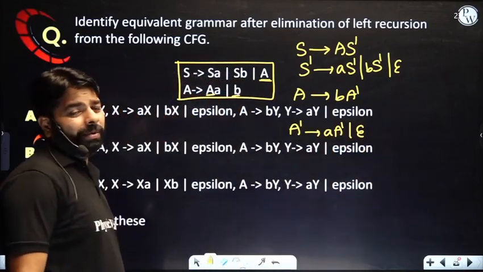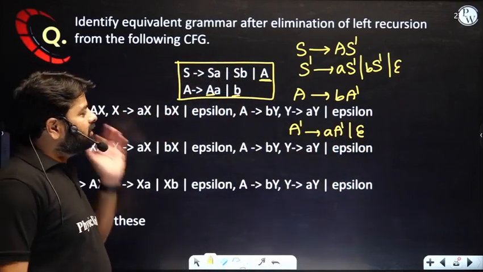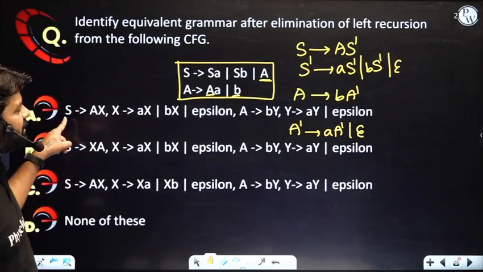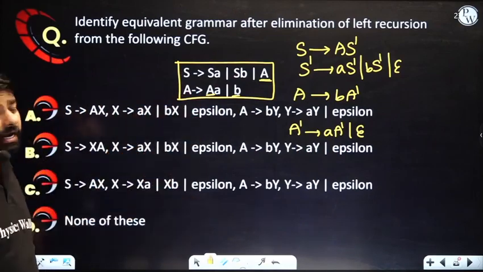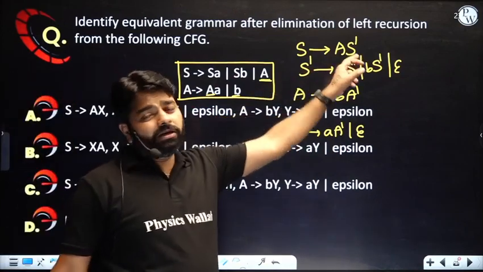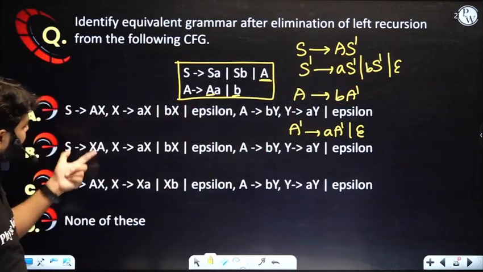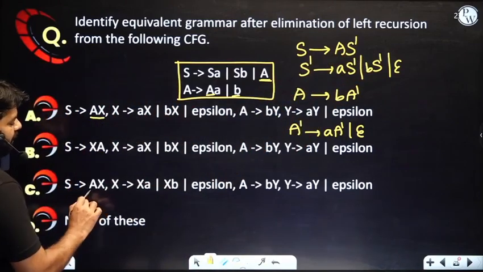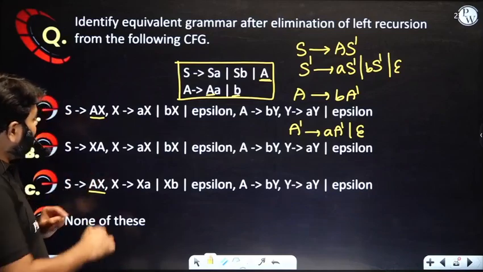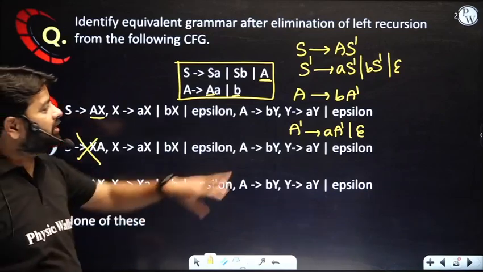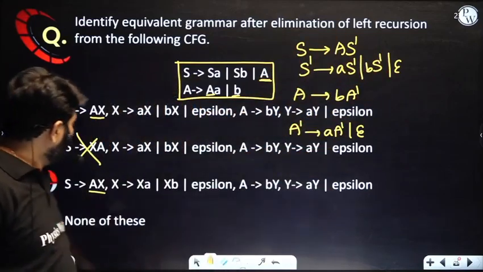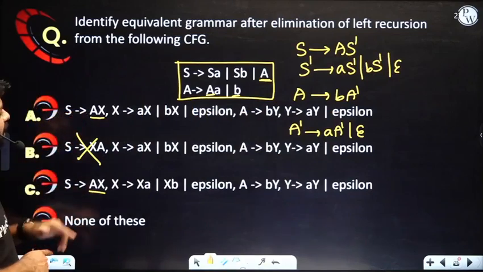Now look at which one is matching. In place of S dash they can take any new non-terminal. No need to take S dash. They may take X if they want, because they have taken X here. So here this one is XA, so we don't choose it, because it is not S dash A, it is A S dash.